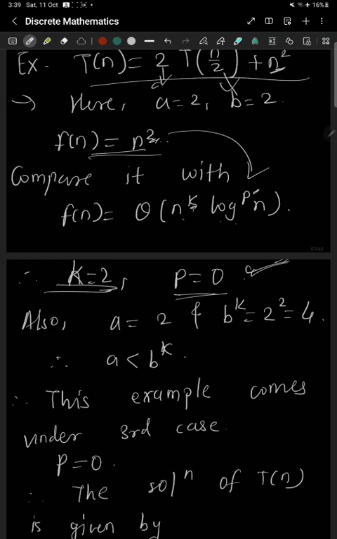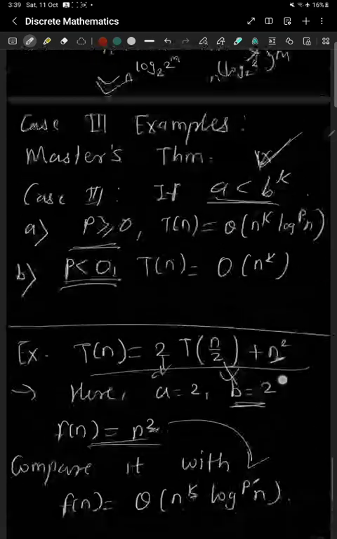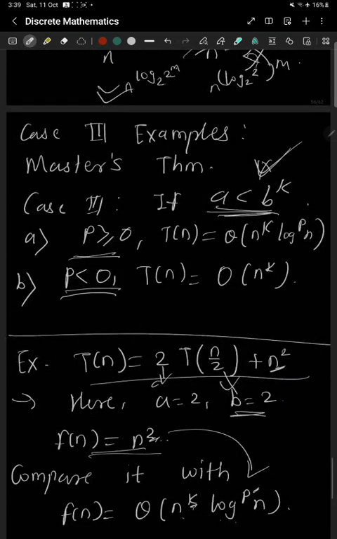Now let's check the relation of a and b raised to k. A is equal to 2, b raised to k is equal to 2 raised to 2, because k is equal to 2 and b is 2. That is, a is less than b raised to k, hence we know it is the third case.